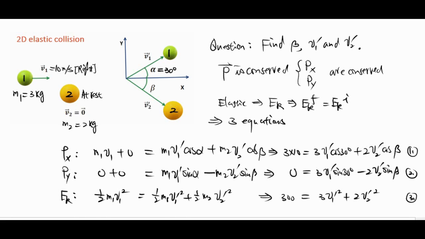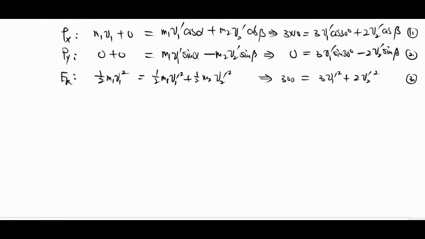So in these three equations the unknowns are V1 prime, V2 prime, and angle beta. Then we solve these three equations together. Let's put them together. We put the variables on the left side, and use the 30 degree special angles. So we get 3 root 3 V1 prime plus 2 V2 prime cos beta equal to 30.